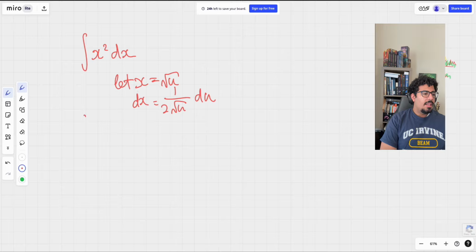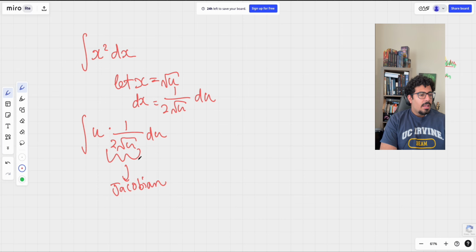So plugging everything in, we have x equals square root of u, so x squared is u, and dx is this whole situation here: dx equals 1 over 2 square root of u du. In this case, 1 over 2 square root of u du is the Jacobian of this coordinate system shift.